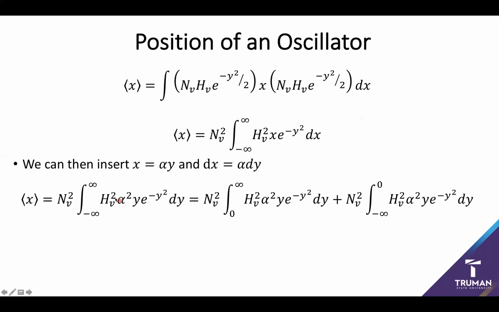Now, part of the issue here is I'm integrating from negative infinity to infinity. And as I commented before, one of the key parts about this function is it follows what's called a Gaussian formula with e to the negative y squared. So one of the things we'll typically do is split this up into 0 to infinity and negative infinity to 0.